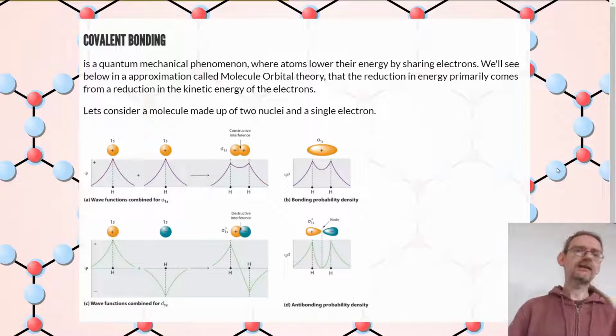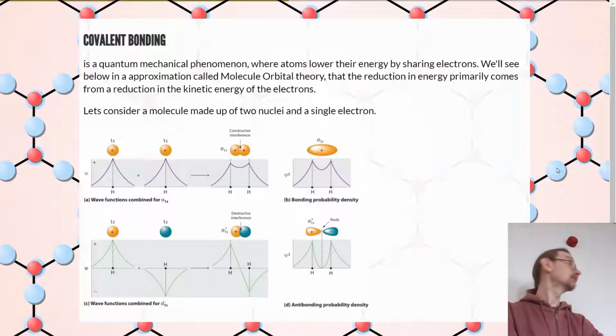So what this is going to give us is a picture of covalent bonding. Those of you that did A-level chemistry will probably have seen pictures along this sort of line. Got two atoms, two wave functions. These individual wave functions here are going to correspond to these phi, these atomic basis functions that I drew up earlier.